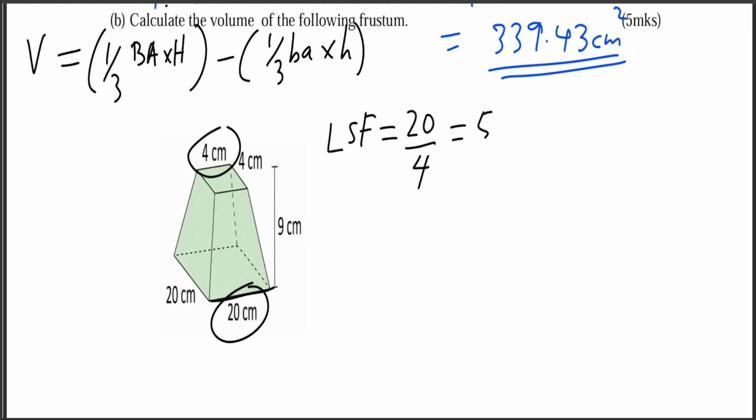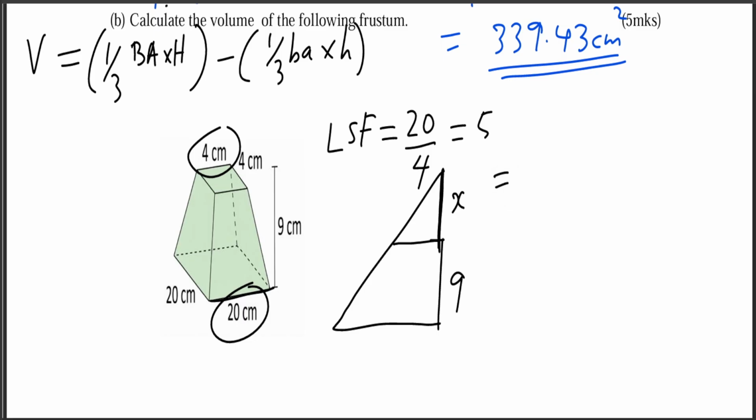Looking at our height, the height of the frustum is 9, and the height of the smaller pyramid is x.